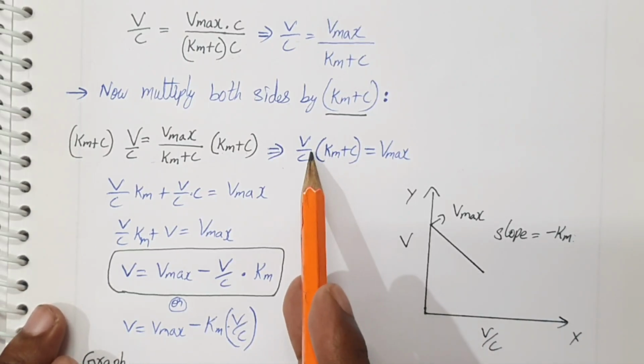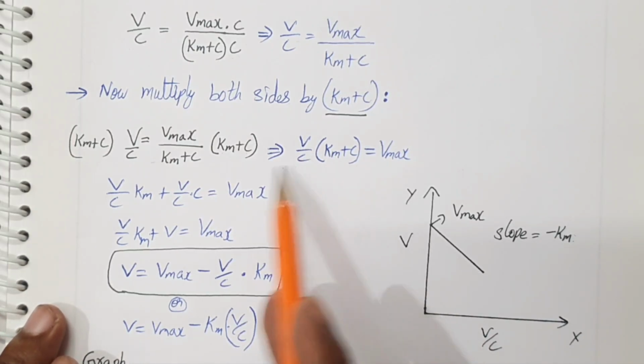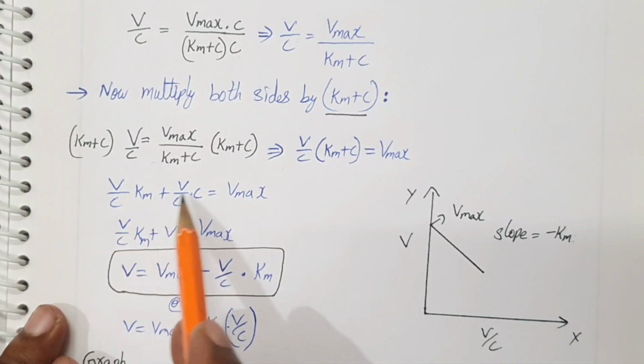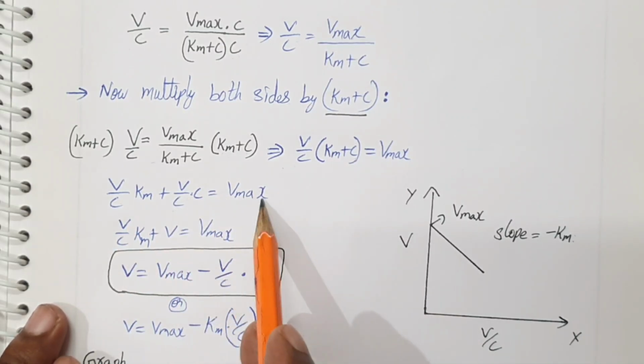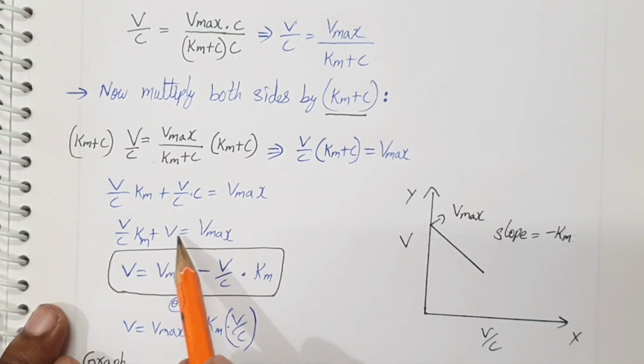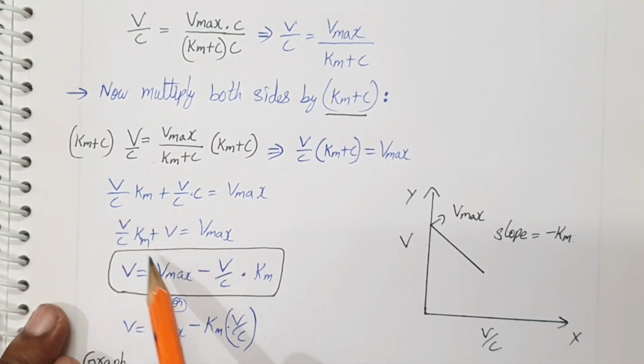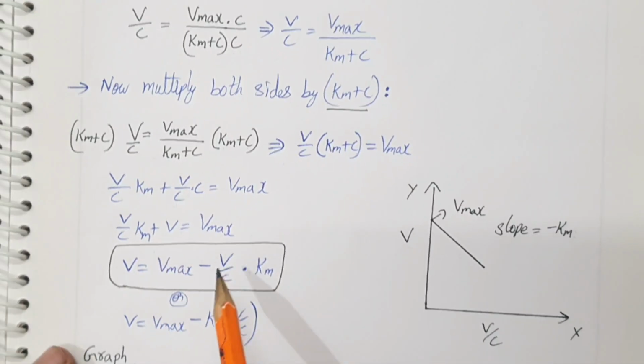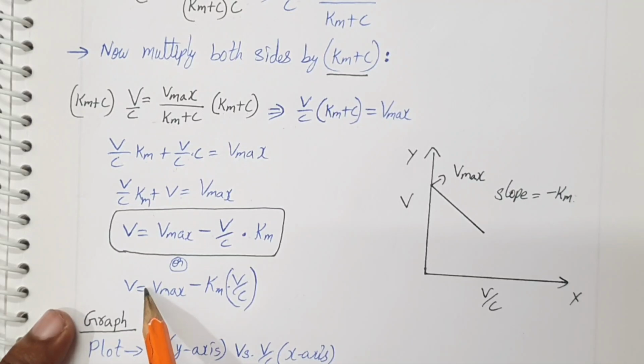This Km is multiplied by V by C, and this C also gets multiplied with it, equals Vmax. So this C and this C get cancelled out, and our equation becomes V equals Vmax minus V by C into Km. We can write it as V equals Vmax minus Km V divided by C.